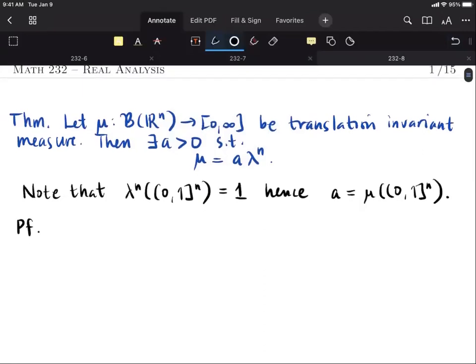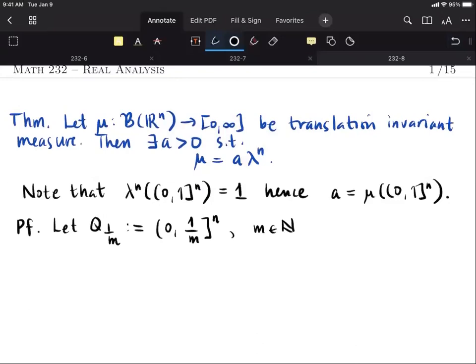So to prove this, let us consider the following cube. Okay. So this is the cell having endpoints that are equal to 1 over m. Here, of course, m is a positive integer. Okay.